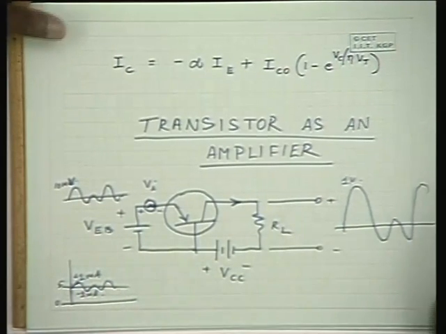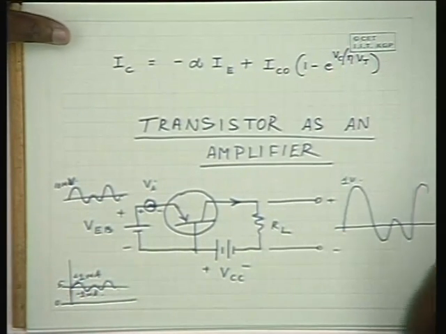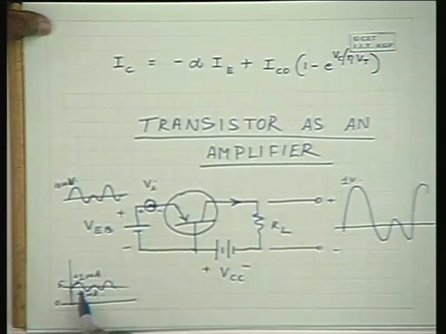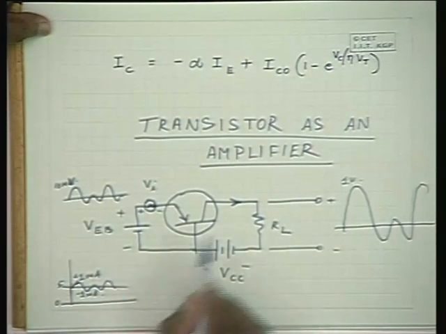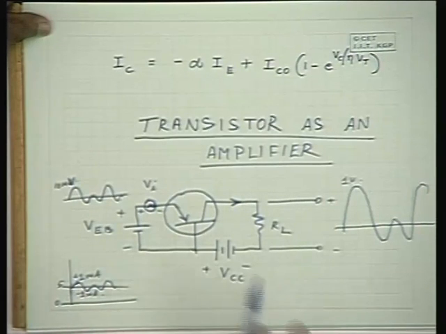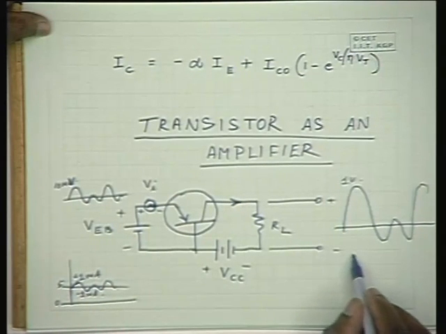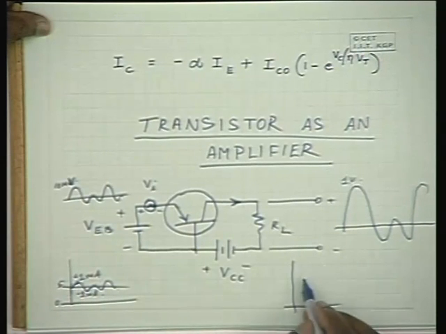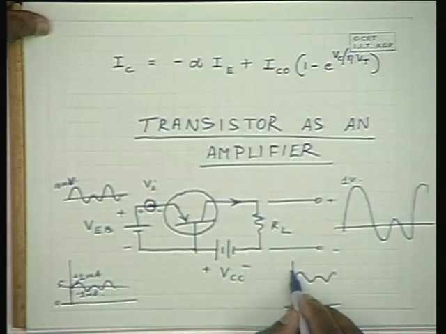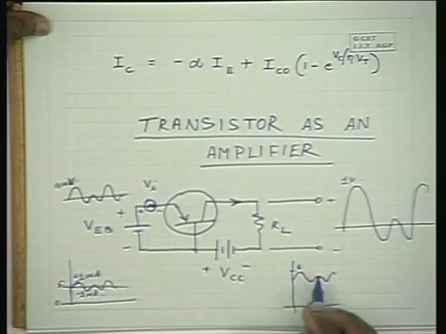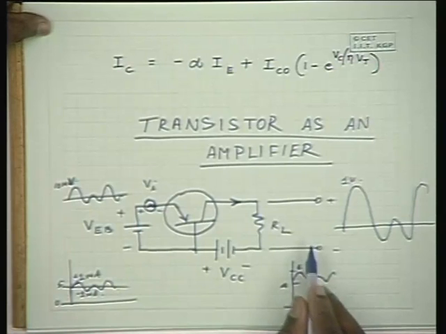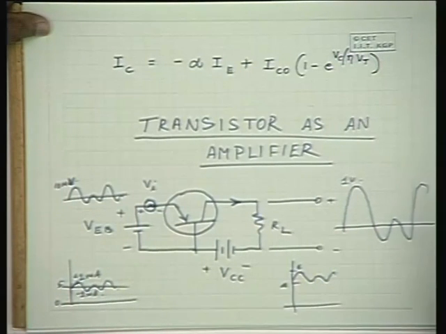Almost 98% of this current is the collector current, with a negative sign of course. Therefore the collector current also would be almost the same waveform, 98% of 6 and 98% of 4 milliamperes, approximately 4 to 6 milliamperes. This is how it changes the collector current.